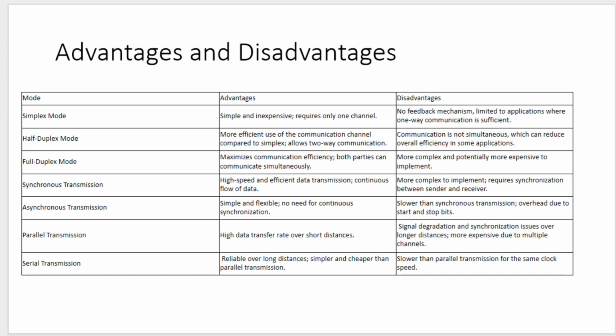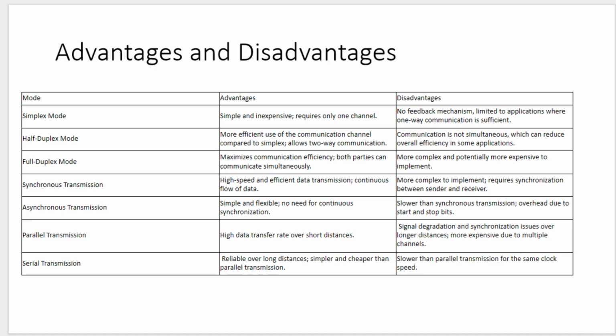The disadvantage is communication is not simultaneous, which can reduce overall efficiency in some applications. Full-duplex mode, the advantage is maximized communication efficiency. Both parties can communicate simultaneously. The disadvantage is more complex and potentially more expensive to implement.